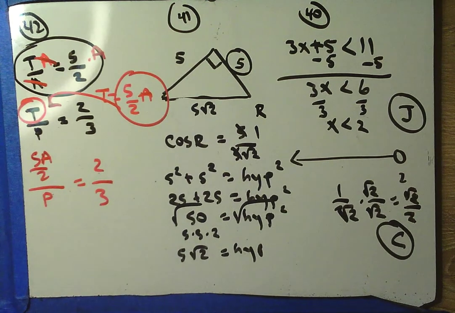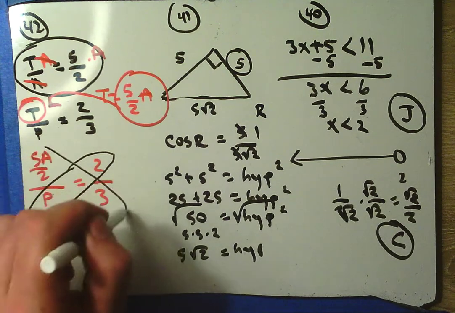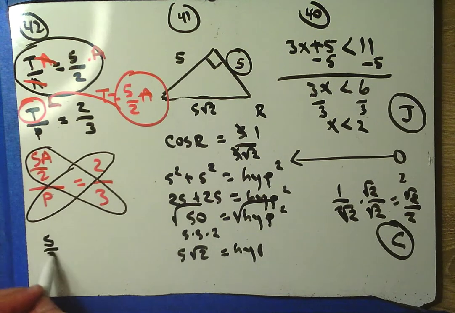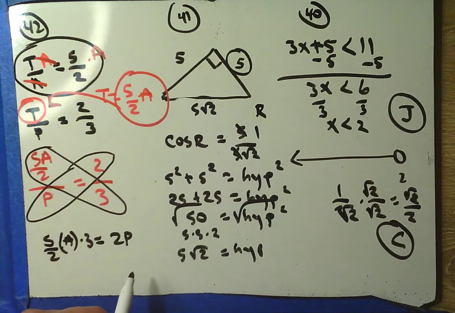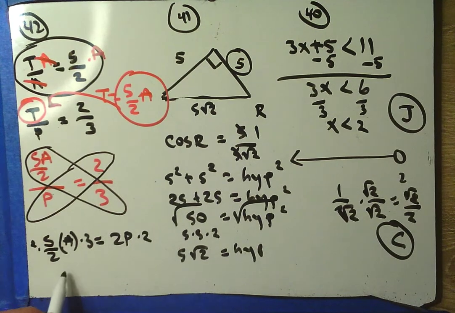Now, I remember learning in the 9th grade that to solve a proportion, I can cross multiply. So 5/2 a times 3 equals 2p. All right, well, we're almost there. Let's see now. If I multiply both sides by 2, I get 15a equals 4p.